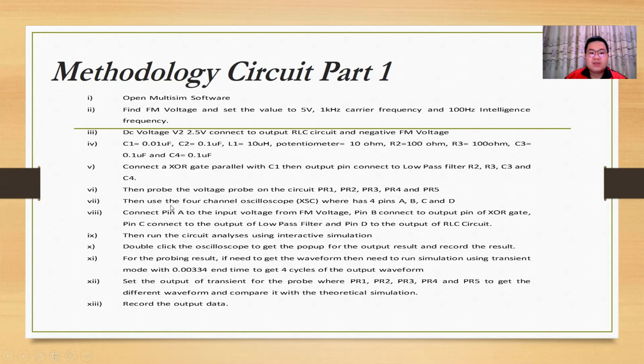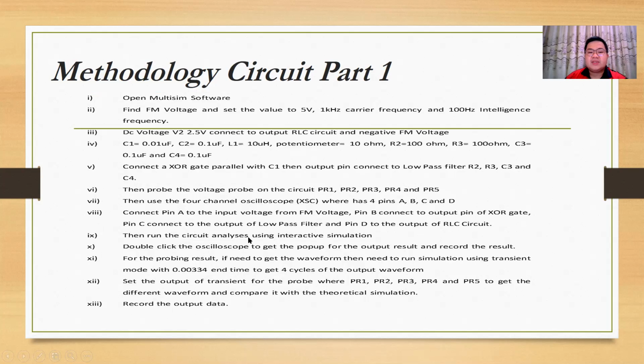Then use the 4-channel oscilloscope, which has 4 pins for A, B, C, D. Connect pin A to the input from the FM voltage. Pin B connects to the output pin of the XOR gate. Then pin C connects to the output of the low pass filter. Then the last pin, pin D, connects to the output of the RLC circuit.